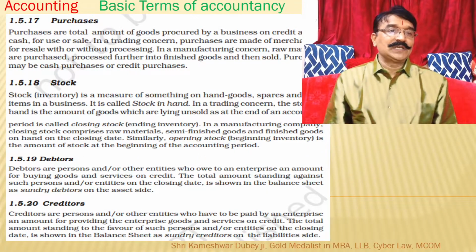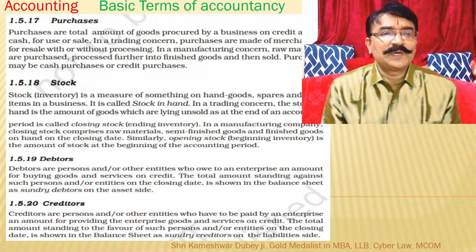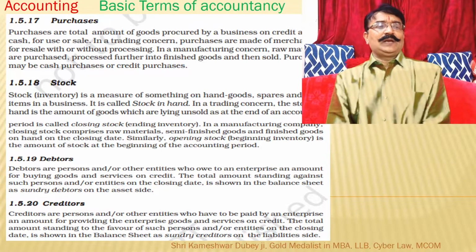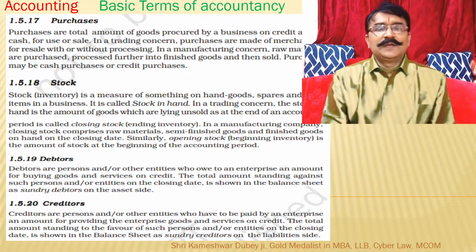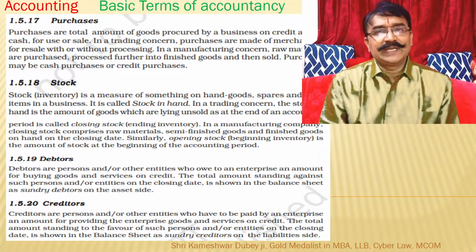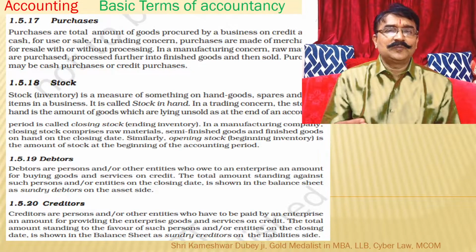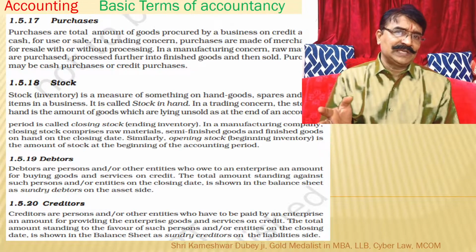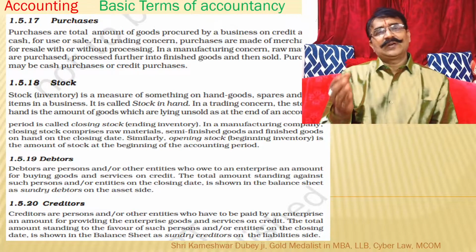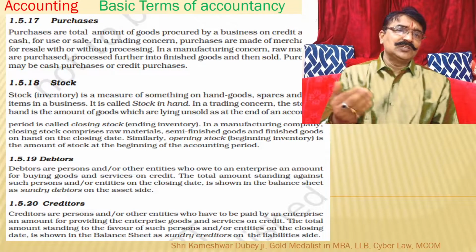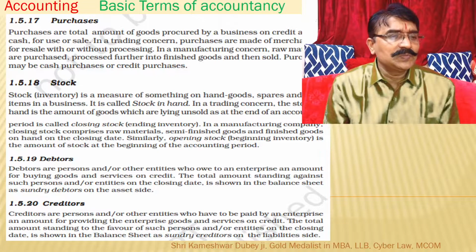Then purchases. Purchases are the total amount of goods purchased by a business on credit and or cash for use or sale. Whatever things are purchased, whether for use or for resale, whether on credit or on cash, these all are known as purchase of goods.